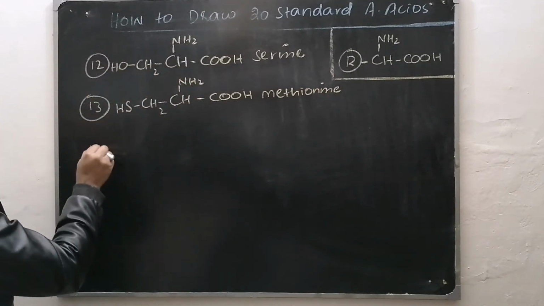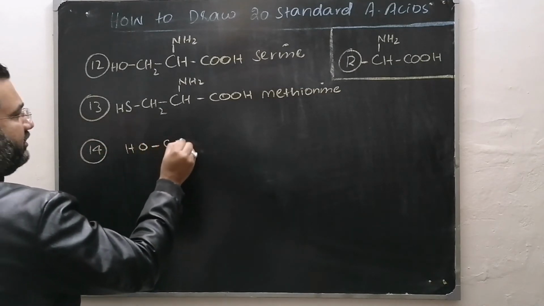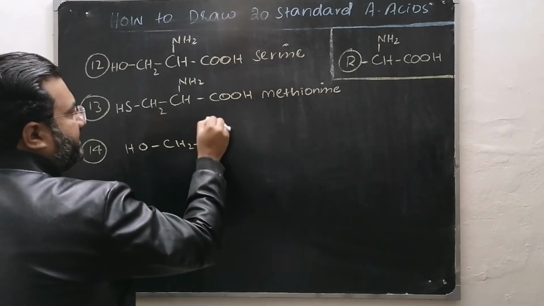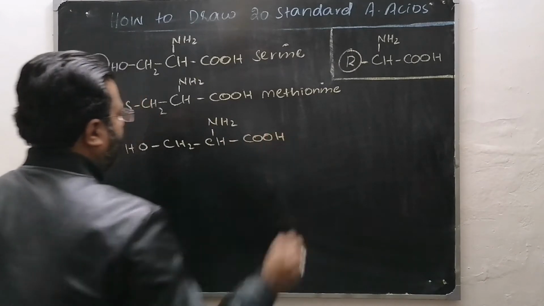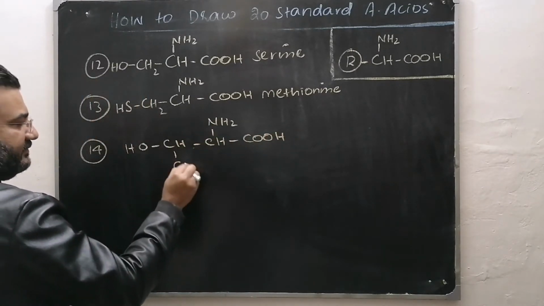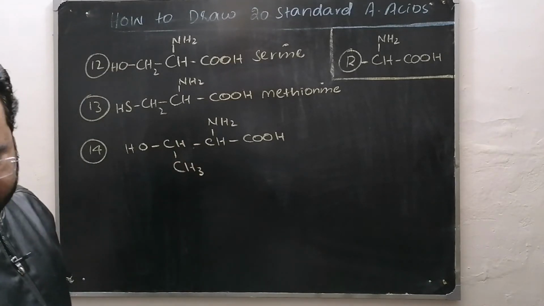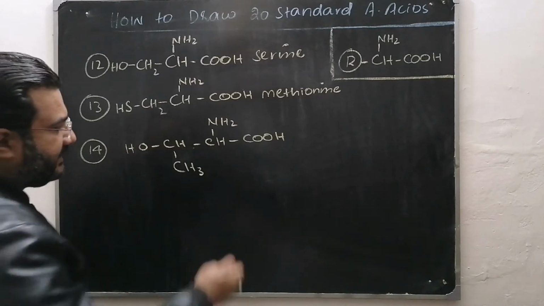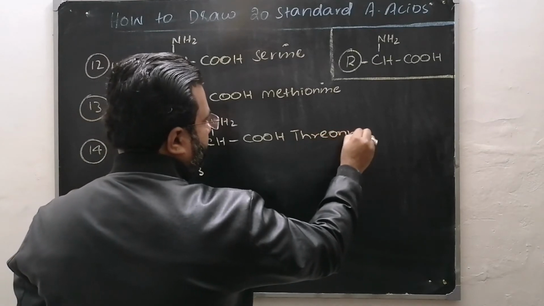And my dear students, if you draw the structure of serine and just replace one hydrogen with the methyl group, then that is called threonine.